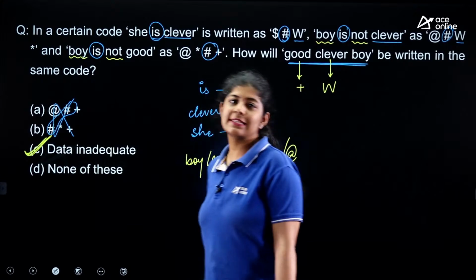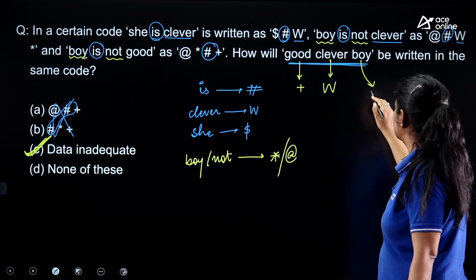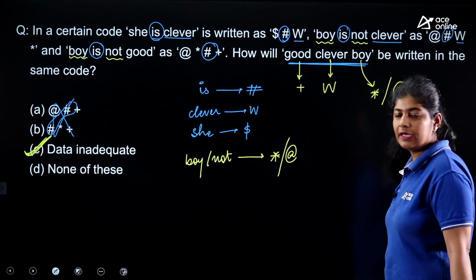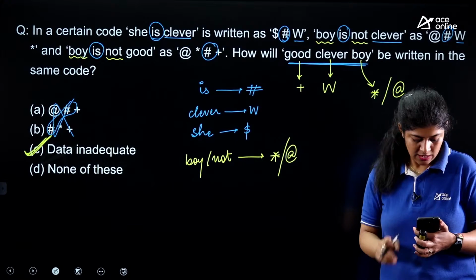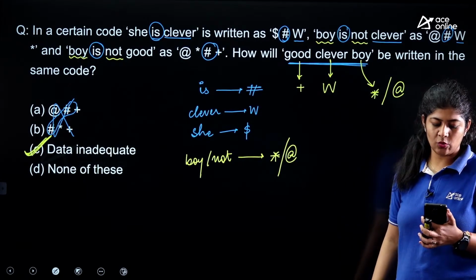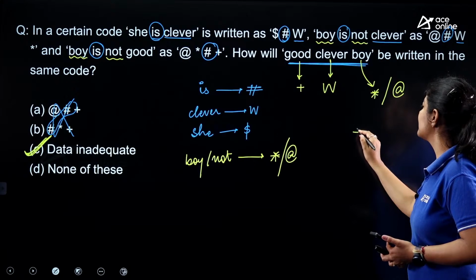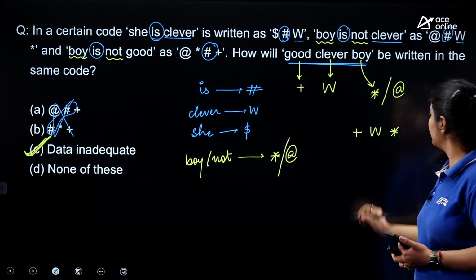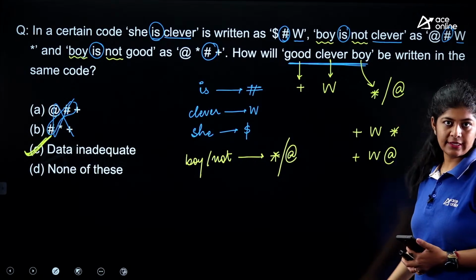Option number C is the correct one because we are not aware which will come at this place, either the asterisk mark or the at the rate mark, right? So we will go with option number C. Here we just go with option number C because we still have this confusion, like is this option correct or is this option correct, right?